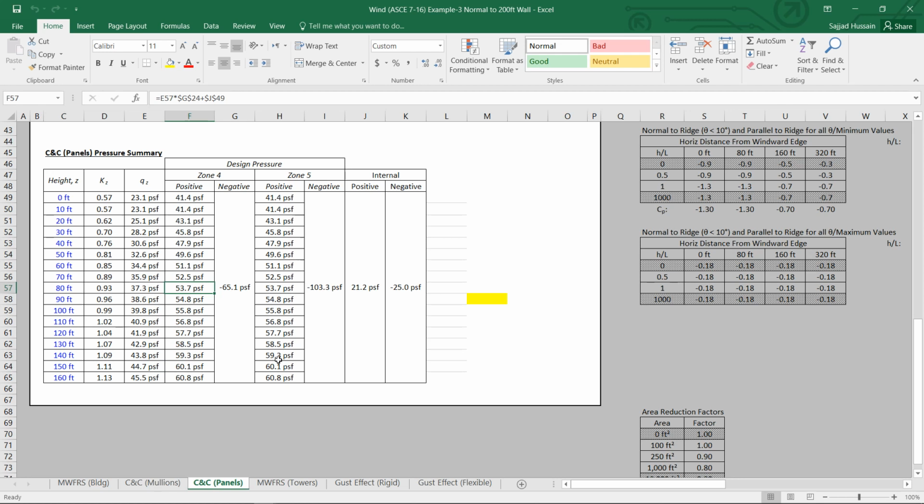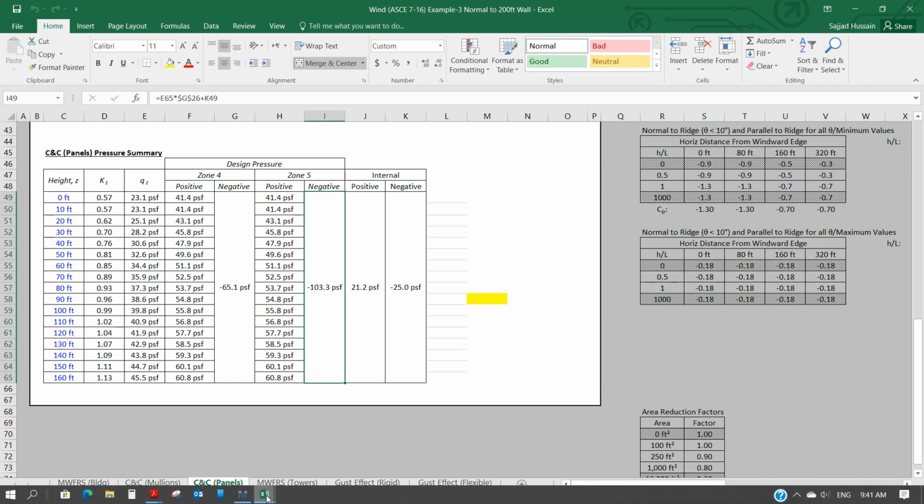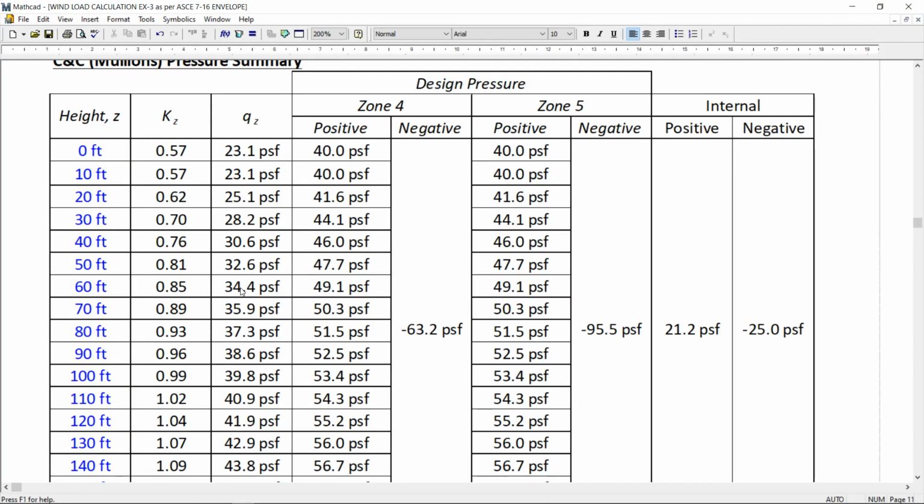This is the final pressure in zone 5. This is the negative pressure, and this is the negative pressure in zone 5. These are already added over here. So the same thing, I copied the same table over here. So this is the way the wind pressure on the glazed panel should be calculated.